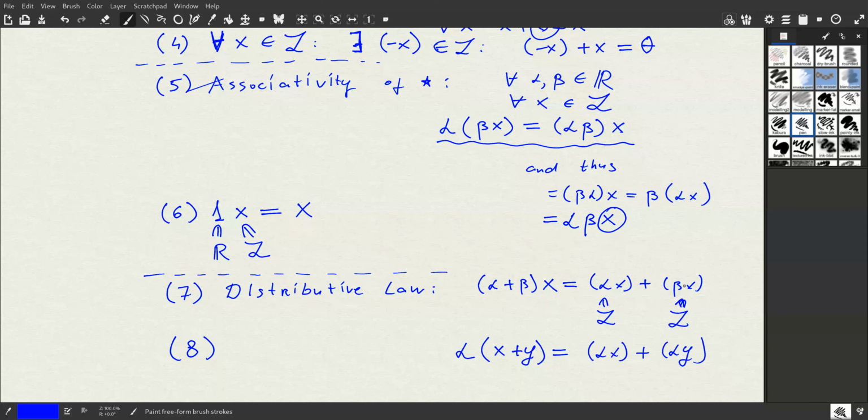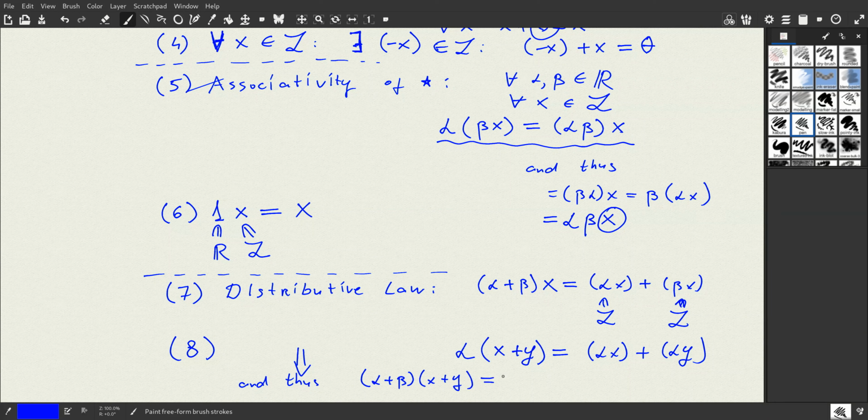And obviously, due to these distribution laws, this is a consequence, not an axiom, and thus we can expand expressions like alpha plus beta times x plus y in a standard way.